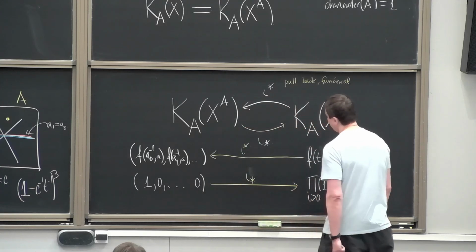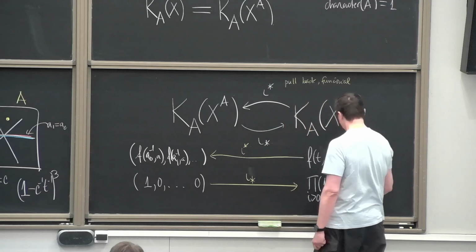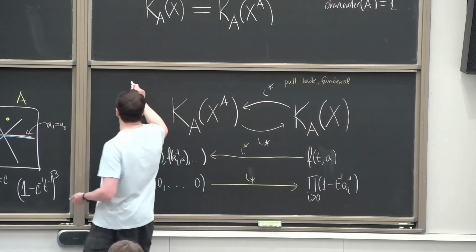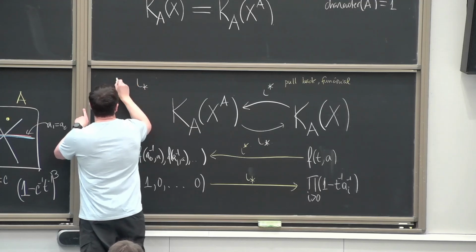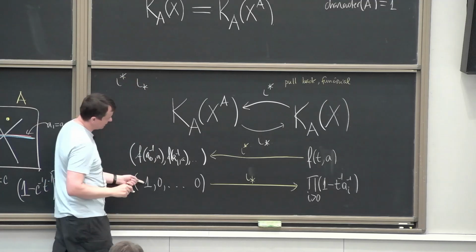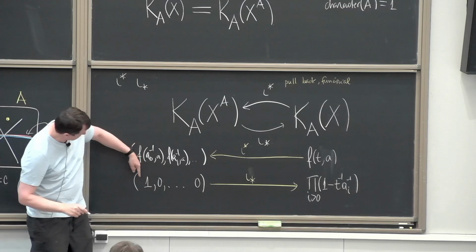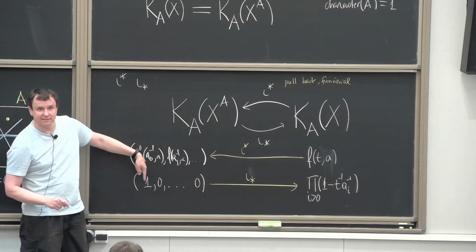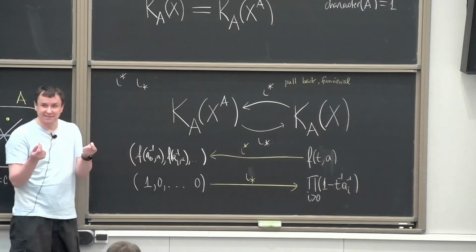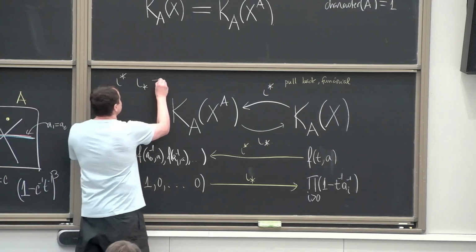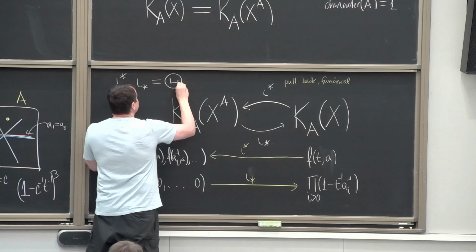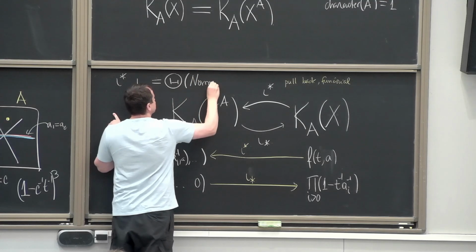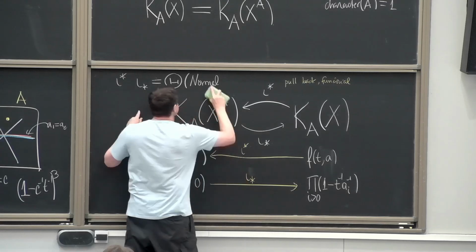Then we can compute the composition of pullback and push forward. If we push forward and then pull back, it's going to be a multiplication, when I stick this t back to A0, by the Thom class of the normal bundle to the fixed locus.